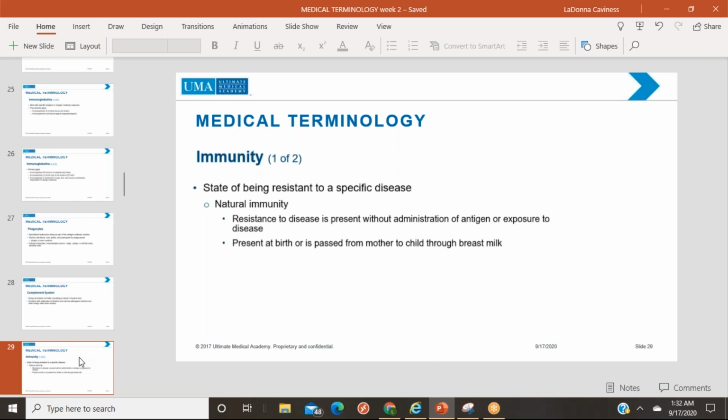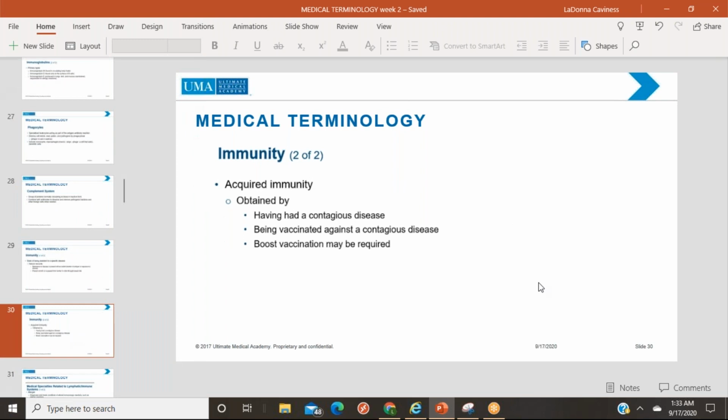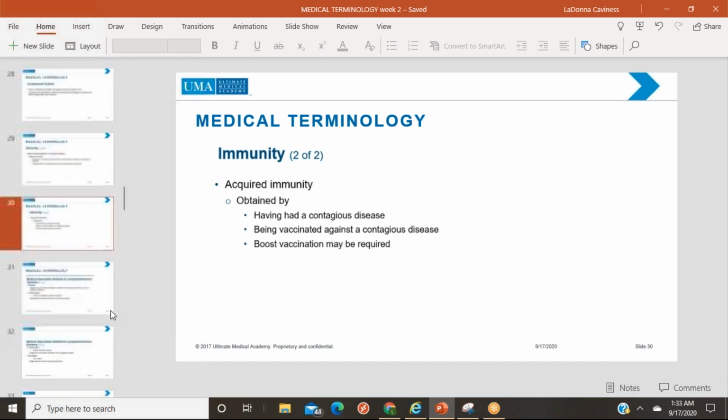Natural immunity, resistance to disease, is present without administration of antigen or exposure to disease, present at birth or is passed from mother to child through breast milk. Acquired immunity, obtained by having had a contagious disease, being vaccinated against a contagious disease, or boost vaccination may be required.